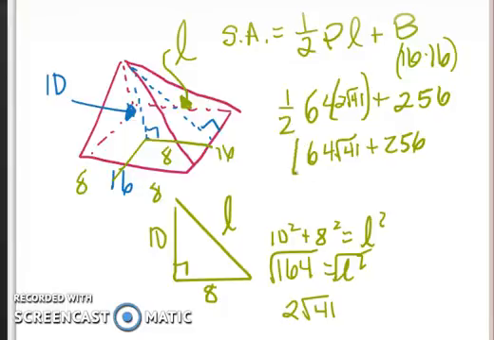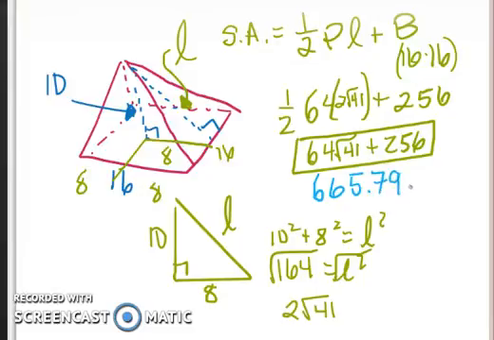So this could be our answer, or if we put it into our calculator and add that to 256, we should get approximately 665.79, in square units.